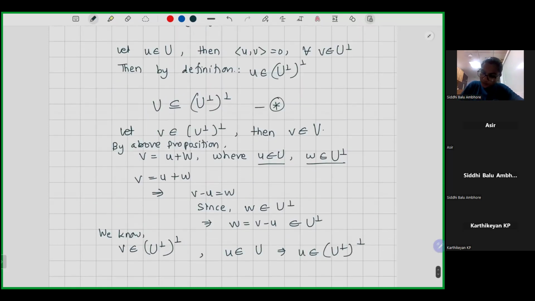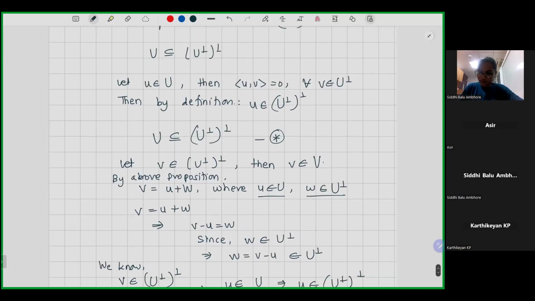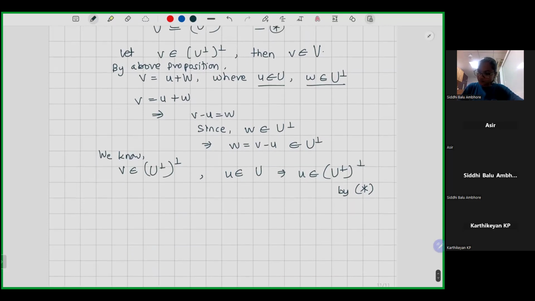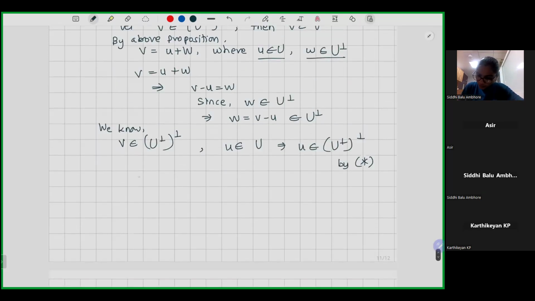If I call this star, by star I have V in U perp perp, U in U perp perp, and since this is a vector subspace, V minus U will be in U perp perp, right?